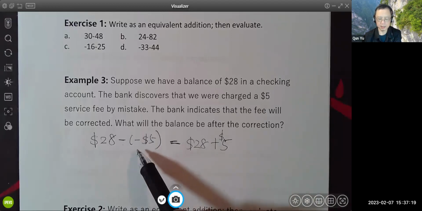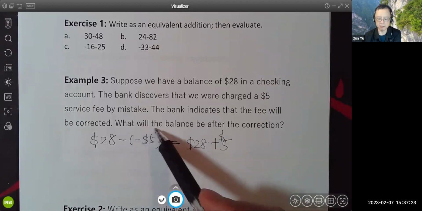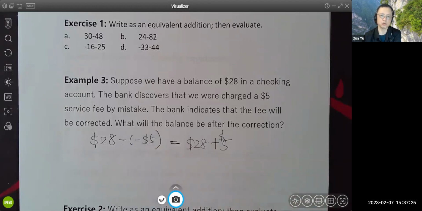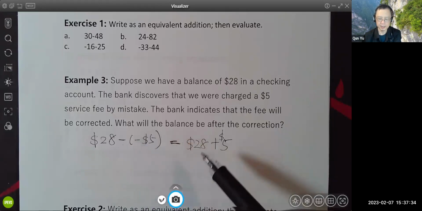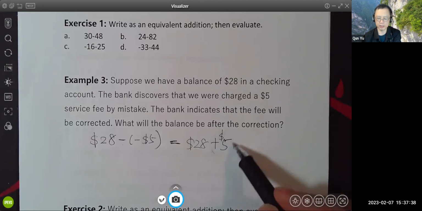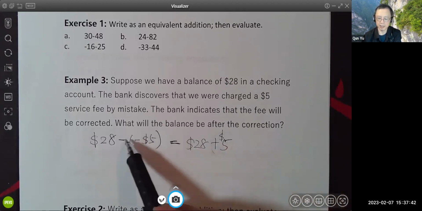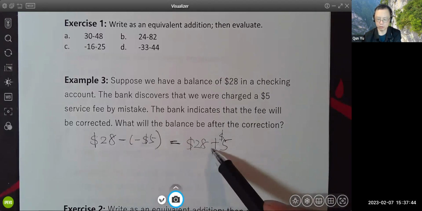Actually, this does make sense. When you take a charge away, it is equivalent to they refunded you, because it is equivalent to they didn't charge you in the first place. So that's what I said. It's equivalent to they refund you $5. That's why it becomes positive. Take away charge is equivalent to refund.